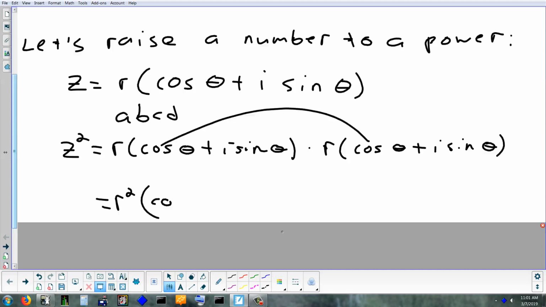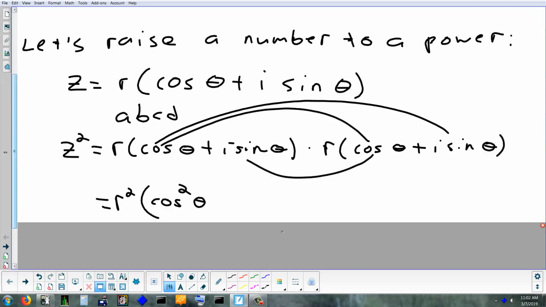Cosine times cosine would give me cosine squared. Then I have cosine times i sine and another cosine times i sine. So how many cosine i sines do I have? 2. 2 of the cosine i sine. I'm trying to think of the order I want to write this in.